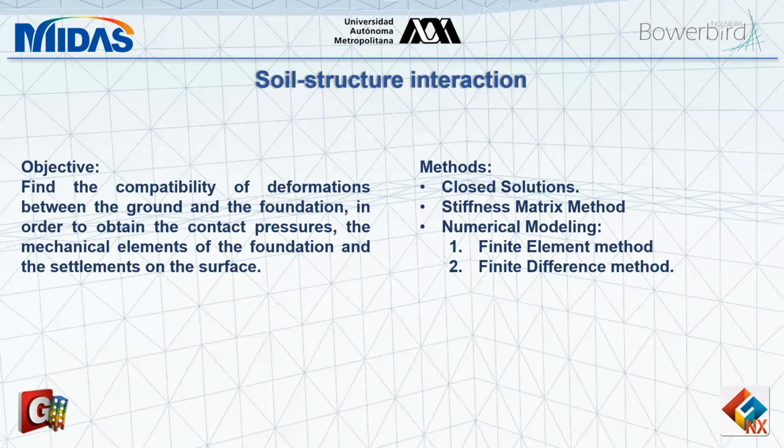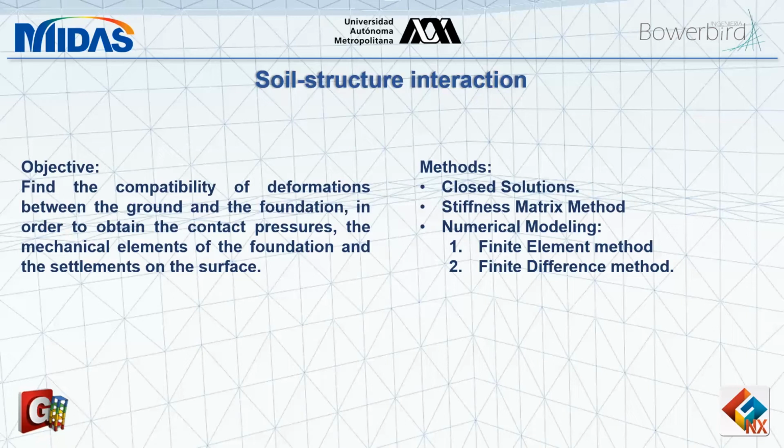So when it comes to soil structure interaction analysis, the endpoint, especially when it's related to the geotech and a structural engineer, is to find the compatibility or a common value between the raft and the ground deformations, in order to get the contact pressures as well as some of the outputs for being able to properly design the foundations, in those cases being the shear forces, the moments, the axial forces, as well as the settlements.